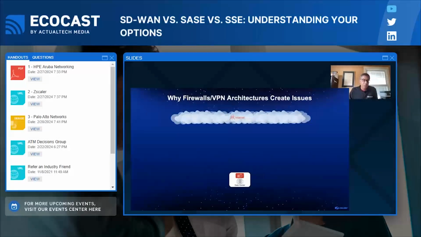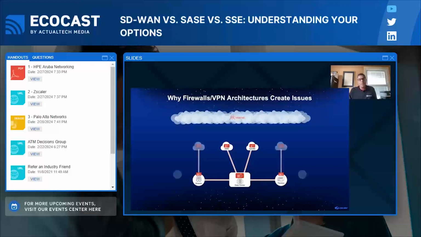So if you think about a traditional architecture where back in the day, all of your applications, all of your resources were hosted in a data center, you had a singular firewall protecting it, and then having to expand that to, let's say, branch offices, factories, and into the cloud, and even expand that to users that were remote using VPNs. What's happened over the many years of these architectures being deployed is the creation of a fairly broad attack surface.